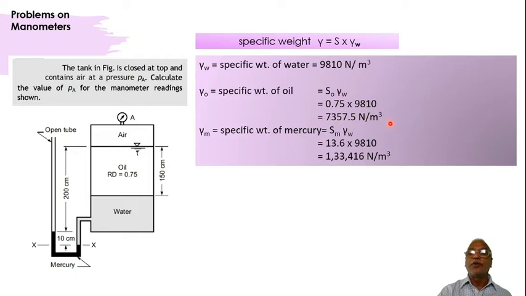Units will be Newton per meter cube, because specific gravity hasn't got any units, and gamma W has units of Newton per meter cube, the same will be maintained. Now mercury, gamma M, the specific weight of mercury, is equal to specific gravity multiplied by gamma W, 13.6 into 9810, which gives you 133,416 Newton per meter cube.